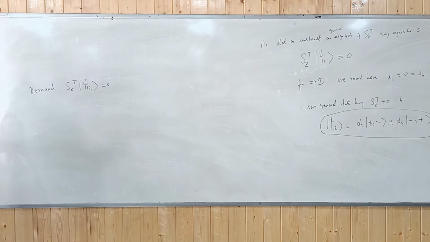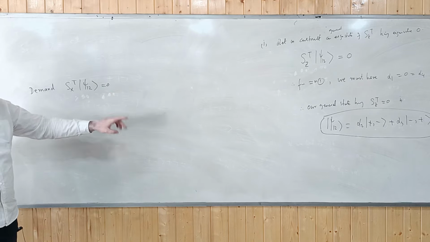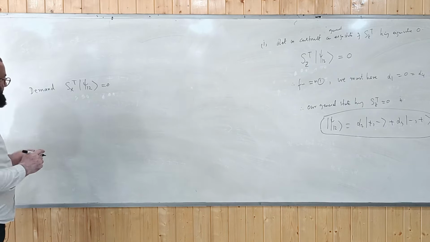So what I am saying is, I want the total Sx component of the angular momentum to act on this psi 1, 2, and it should yield 0. Clear? Now let's apply Sx total on this.